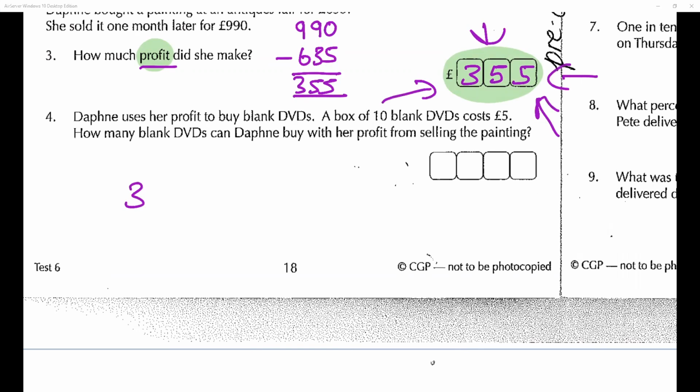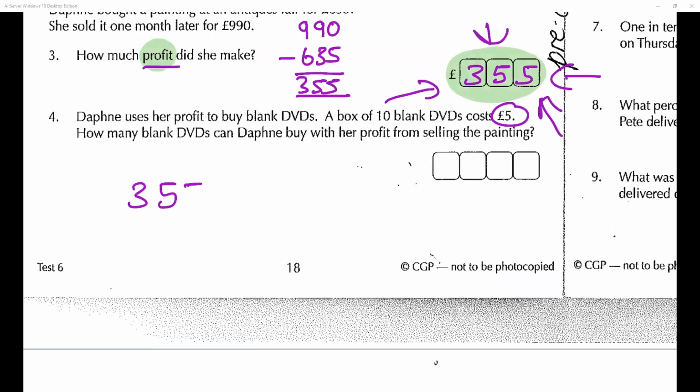Okay, and then she's going to buy boxes that cost £5 each. So what do you do with those two numbers? Divide them. So you want to see how many lots of £5 will fit into £355. So he's got £355 to buy boxes of discs, £5 a box. So let's do the division then. Let's go.